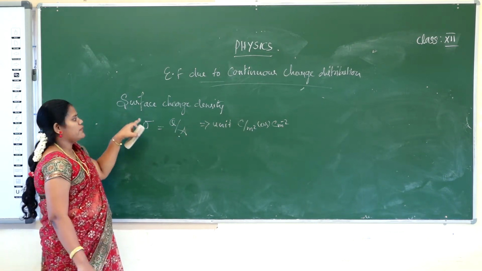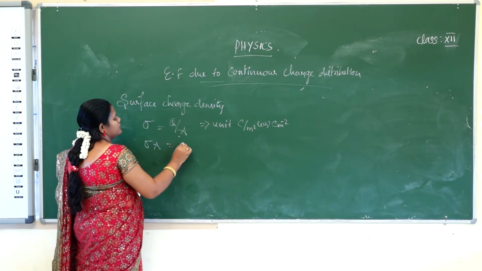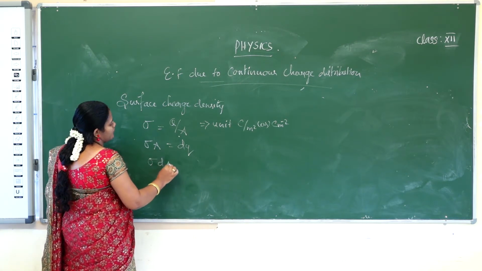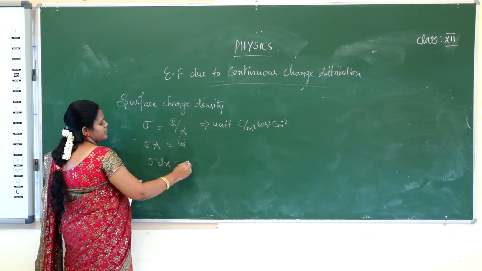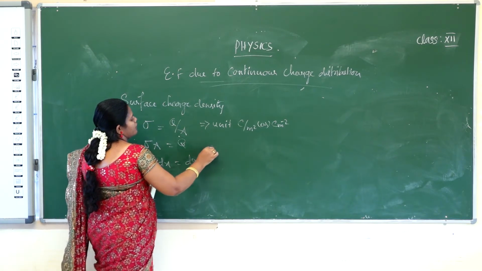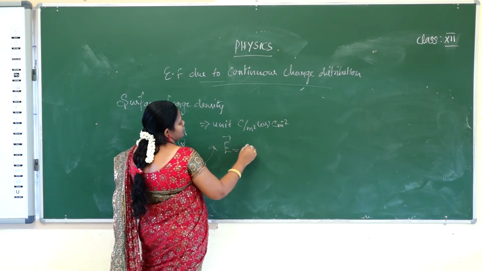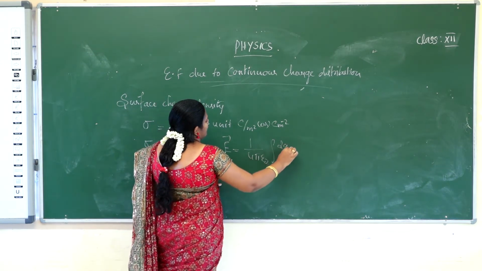That is the surface charge density, and sigma A is equal to dq. Sigma into dA is equal to dq. You substitute this value in the electric field formula. E is equal to 1 by 4 pi epsilon naught integral of dq by r square.